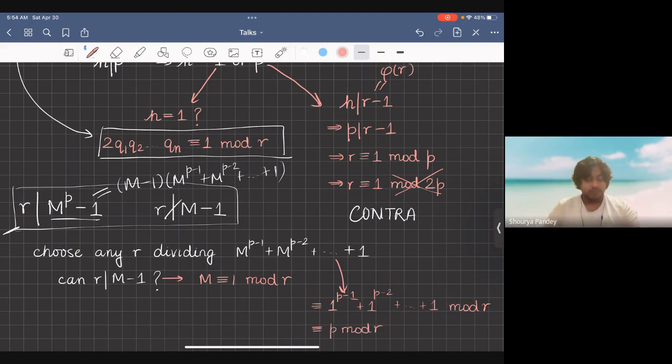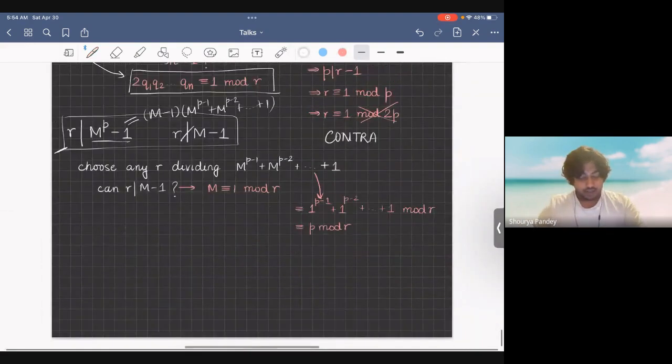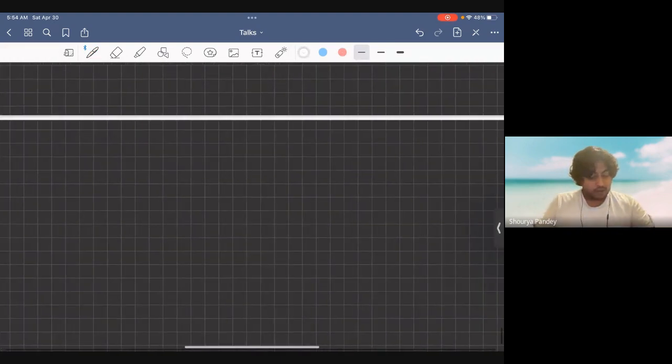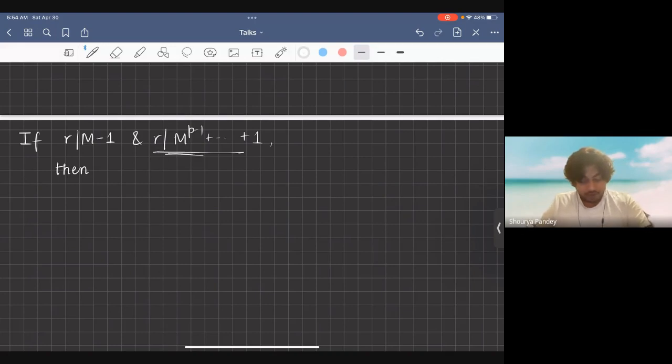So let me just write this again. I'm saying that if R divides m minus 1 and R divides m to the p minus 1 plus so on up to 1, then by this divisibility, 0 is congruent to m to the p minus 1 plus m to the p minus 2 plus up to 1.